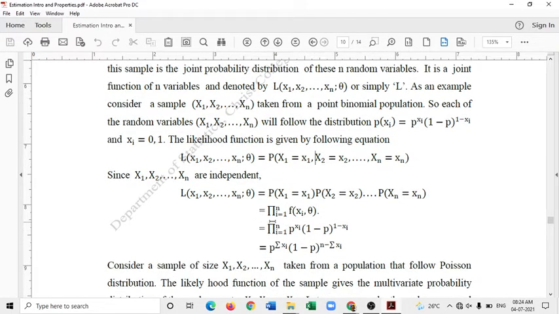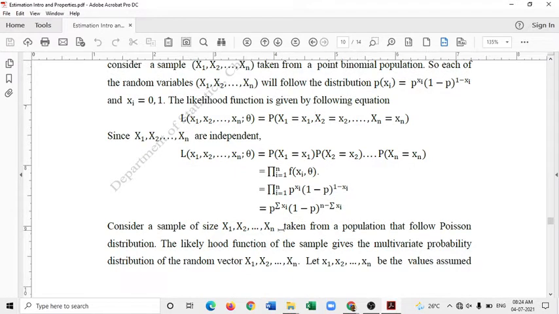Or this can be represented as a product of f(xi, theta), because each of these xi's has the distribution of the parent population, that is f(xi, theta). So it is product over i equal to 1 to n of p raised to xi into 1 minus p raised to 1 minus xi, or we can simplify it as p raised to sigma xi into 1 minus p raised to n minus sigma xi.